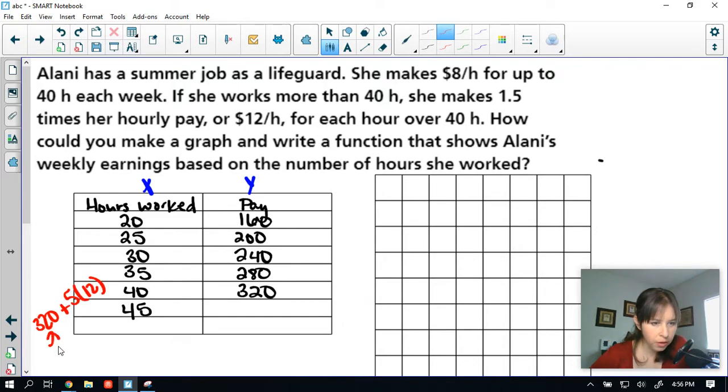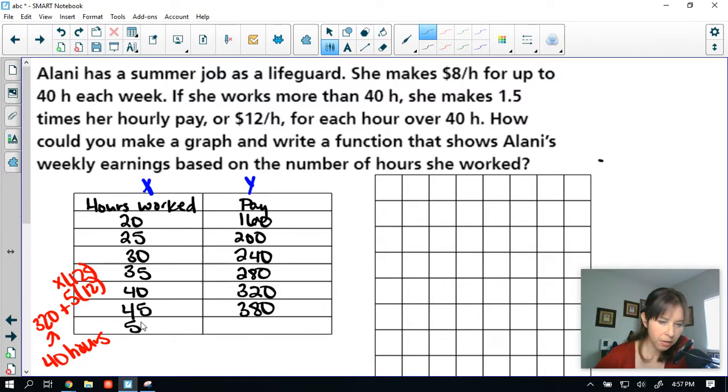So this 320 is for the initial 40 hours. And then the next group, so this would be some value X times 12 after that 320. So that's going to be 320 plus 5 times 12, which will give us 380.